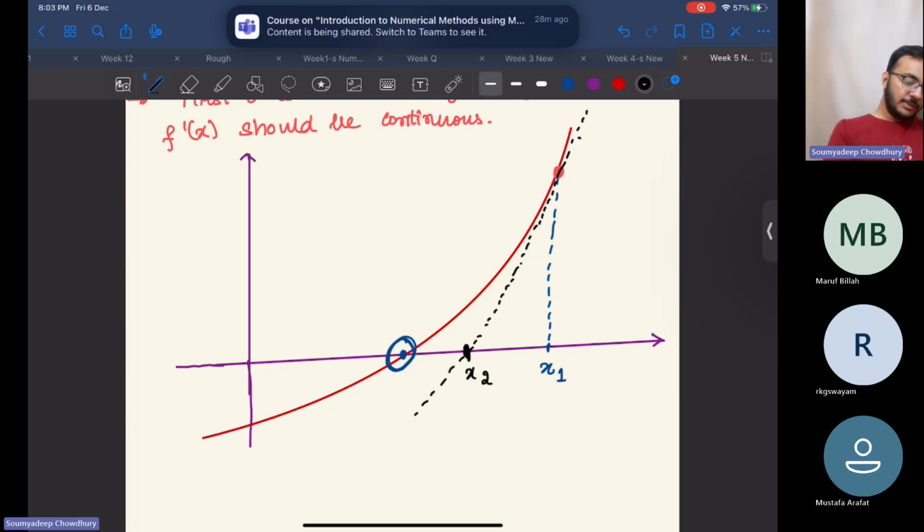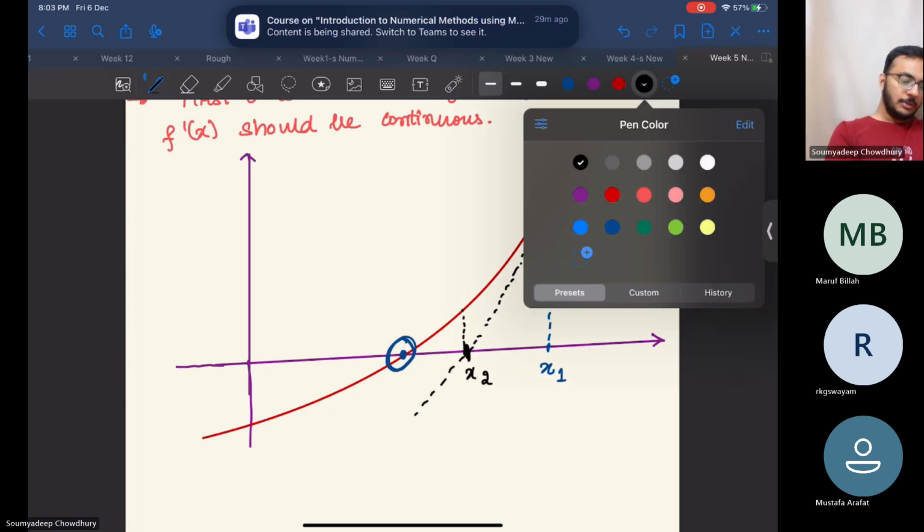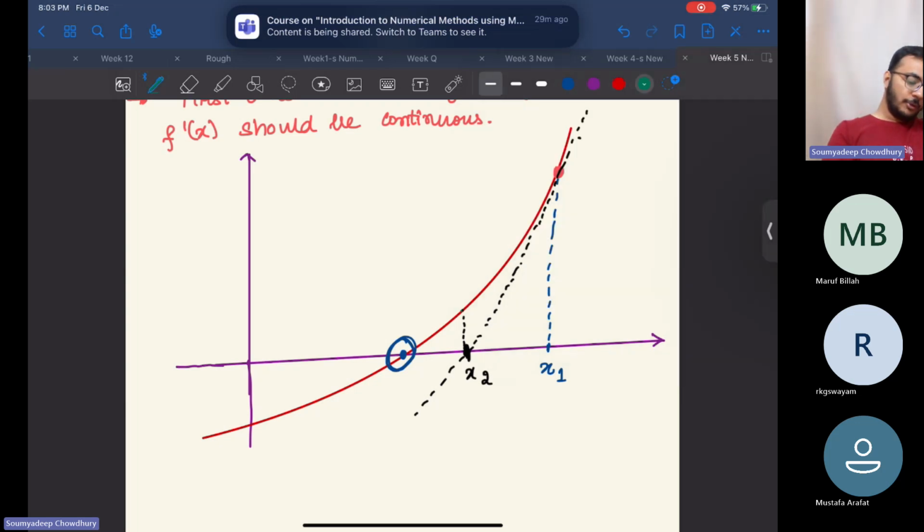Then we repeat the same process. We find the value of the function at that point, draw a tangent again, and extend it, and we approach the next point, which is x3.